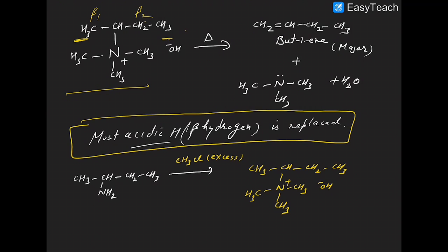So the beta 1 hydrogen is more acidic than the beta 2 hydrogen. So you get 1-butene as the major product. Remember that in the case of a quaternary ammonium salt also, the Hoffman rule is followed. In fact, this elimination of quaternary ammonium salt is popularly known as the Hoffman elimination reaction.